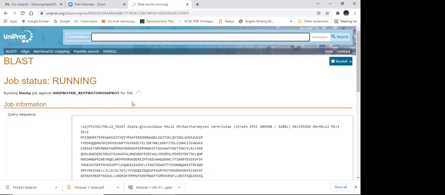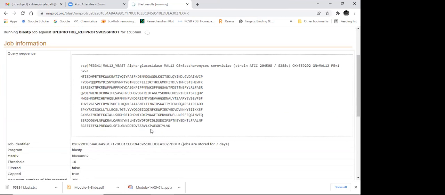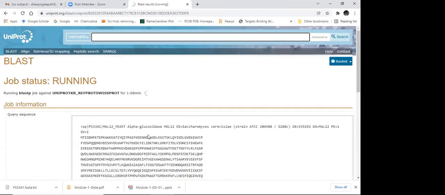It is identifying its best templates. It is taking quite a long time.